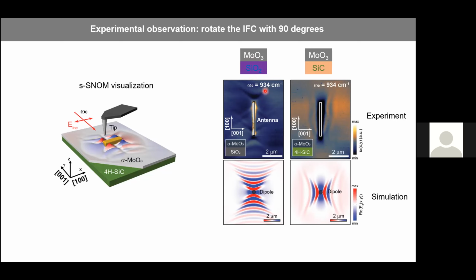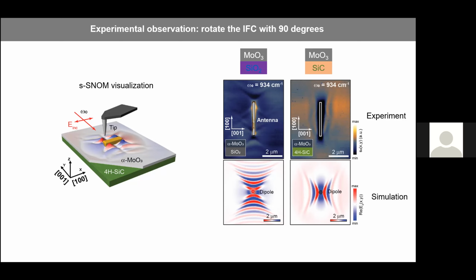You can find that at the same incident frequency, with a gold antenna on silicon dioxide, we have hyperbolic propagation with concave wavefronts centered along this direction. But if we change to silicon carbide, we have hyperbolic propagation with concave wavefronts along this direction. And the measurements also fit quite well with the numerical simulations.